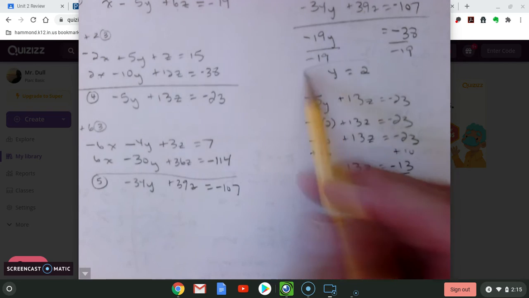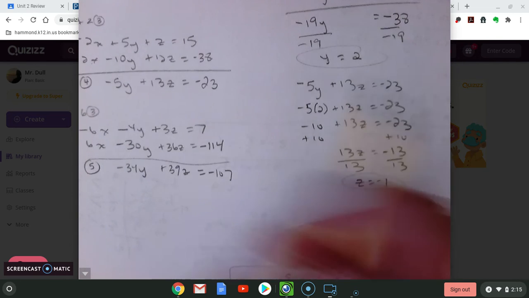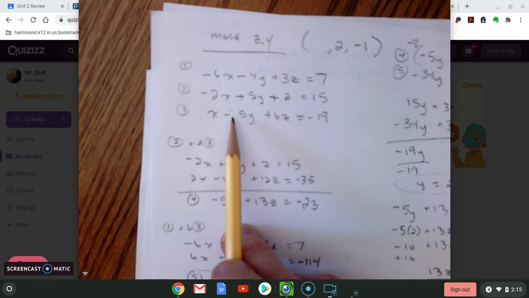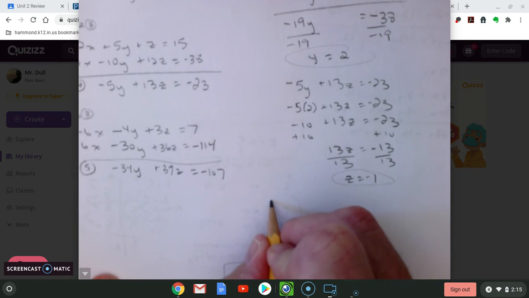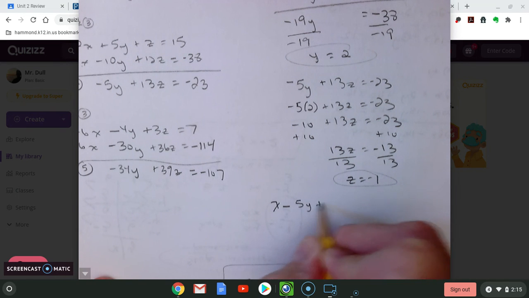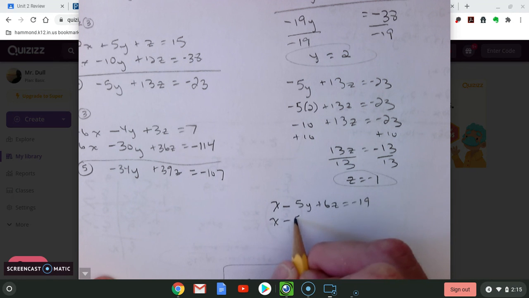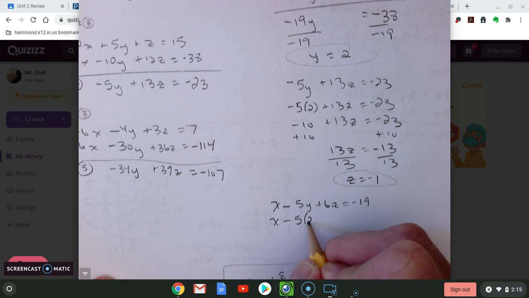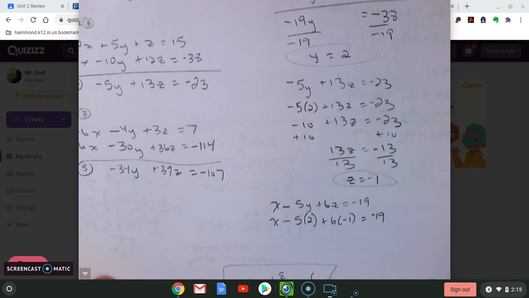All right, so I have a value for y. I have a value for z. What's left? I need to come back to one of my original equations and get a value for x. So let's pick whichever one we think is easiest to work with. And I'm going to go with the last one, equation 3, x minus 5y plus 6z equals negative 19. So x minus 5 times 2 plus 6 times negative 1 equals negative 19.